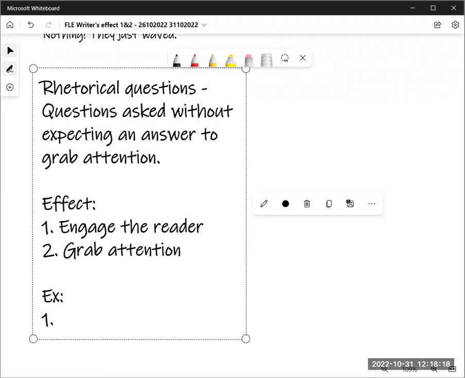Rachit, can you hear me? Yeah, sir. Okay. Have you written the examples? Sir, I can't see the example, sir. Now can you see it?